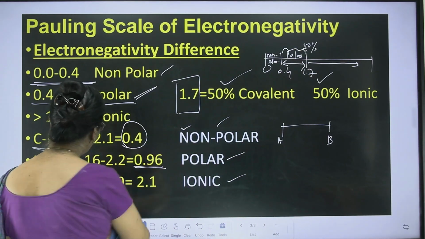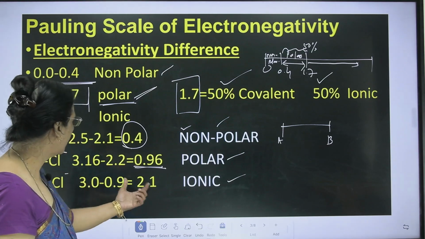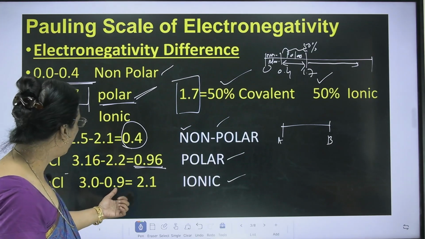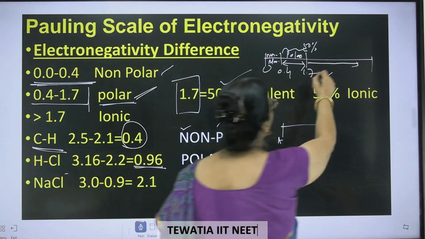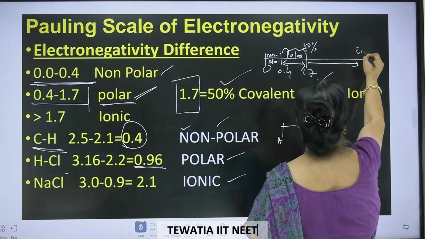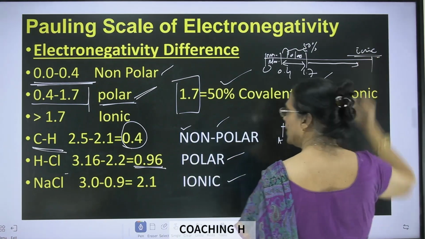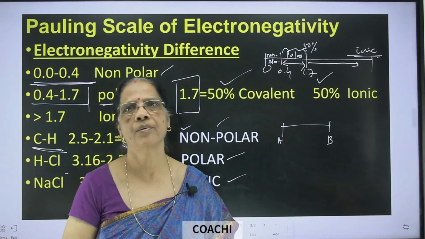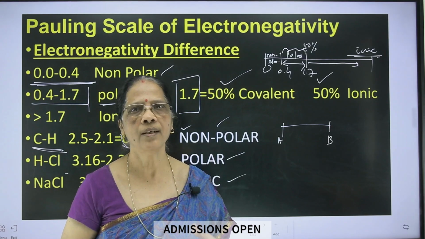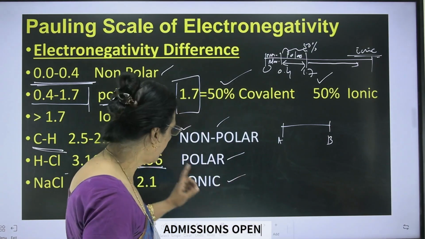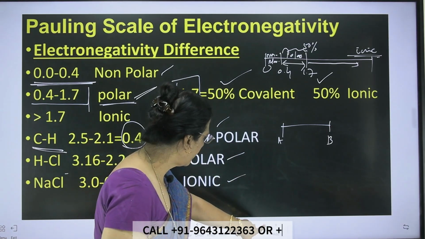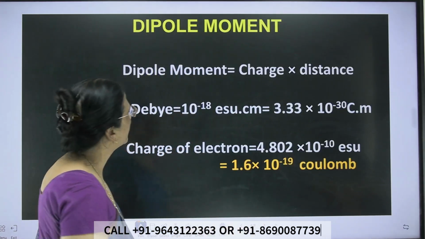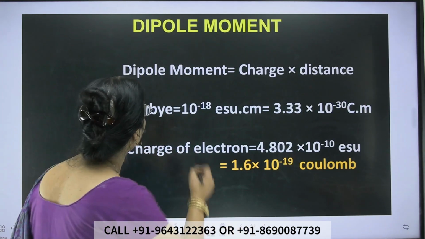And sodium chloride, you see there is a large difference, 3 and 0.9, it is 2.1, so it will be more towards ionic. In this way you can distinguish from the electronegativity value which bond is polar, non-polar and ionic. This is a very important scale. Then let us see another formula.